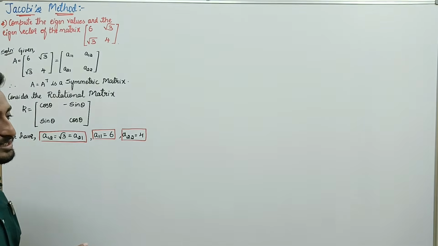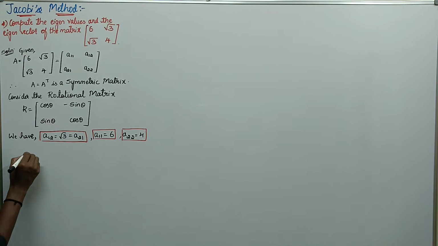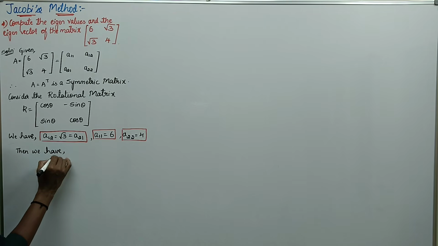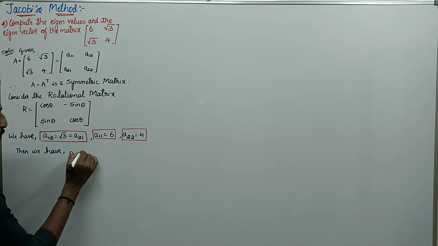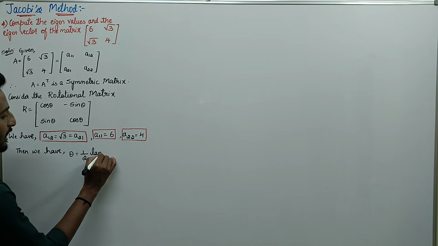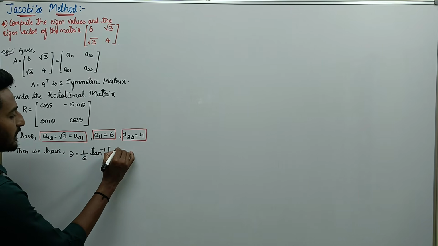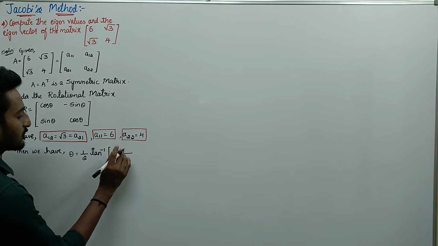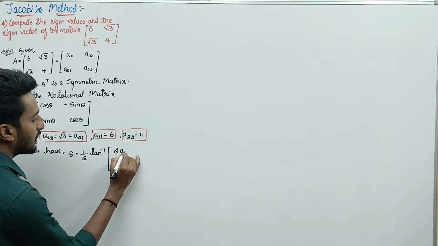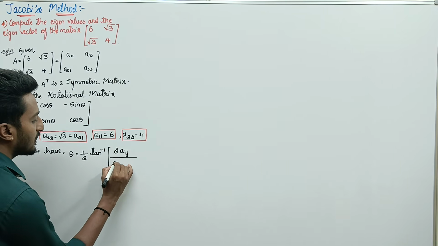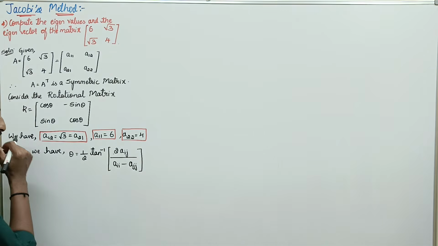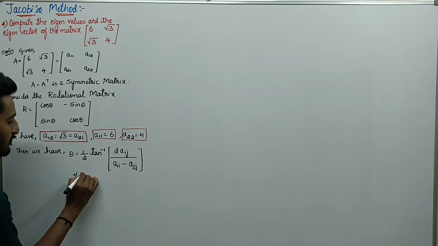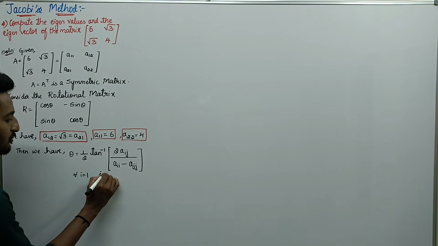Now, this is the condition we are supposed to represent. Why are we going to consider this condition? Because to simplify the angle theta, we have the standard condition, that is theta equal to 1 by 2 into tan inverse of 2Aij divided by Aii minus Ajj, where for example i will be equal to 1 and j will be equal to 2.